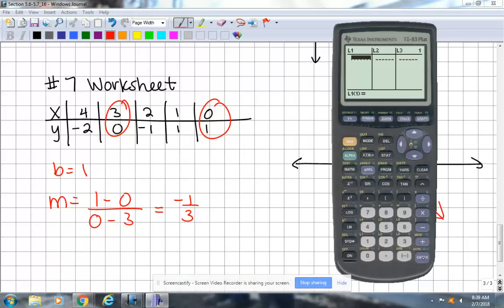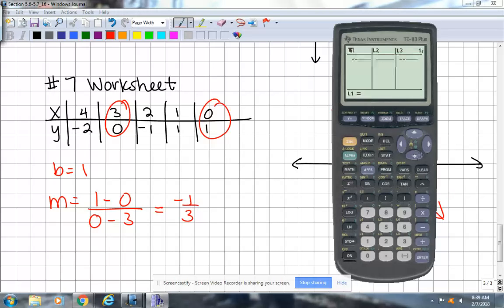Okay, so if yours has numbers, I want you to arrow up to where it says L1. That means list 1 is highlighted. And then I want you to hit clear. Clear is below the down arrow key. Hit clear. And then I want you to arrow over to L2.